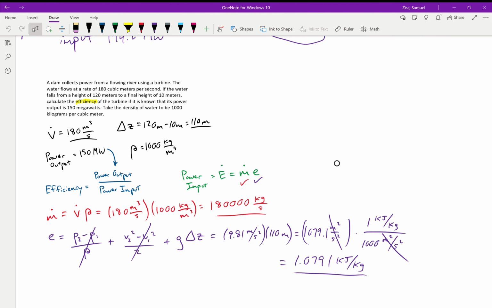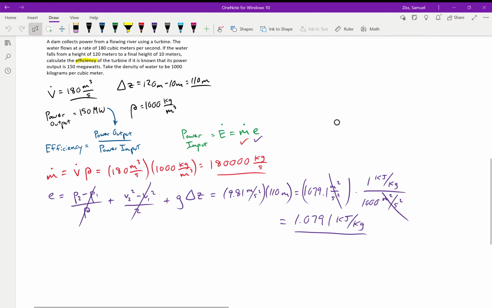We are now ready to go calculate the power input. Again, we will multiply that rate of change of the mass, which we found to be 180,000 kilograms per second, by that energy of 1.0791 kilojoules per kilogram.